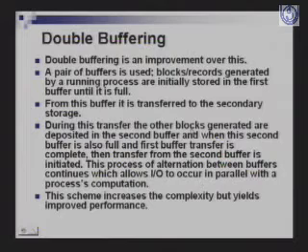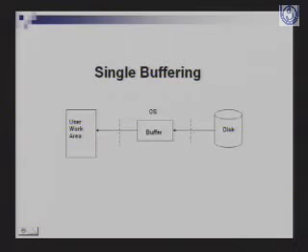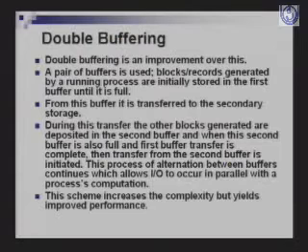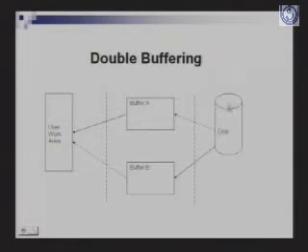Then there is another thing called double buffering. Double buffering is nothing but putting two buffers here. Instead of one, we are enhancing the single buffer situation by introducing another buffer, wherein there are two buffers available, buffer A and buffer B. First of all, we fill buffer A, and then it is transferred to the user's work area, and whenever buffer A is being transmitted, buffer B is filled in parallel with new blocks and given to the CPU.